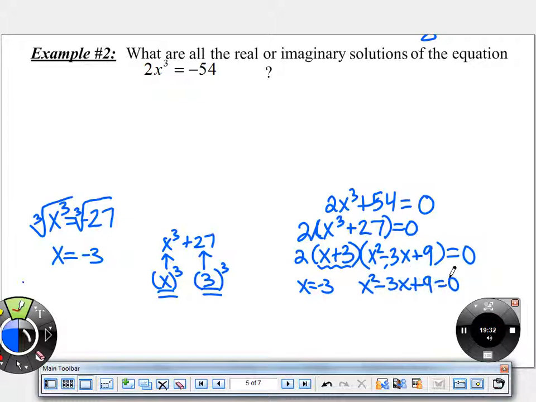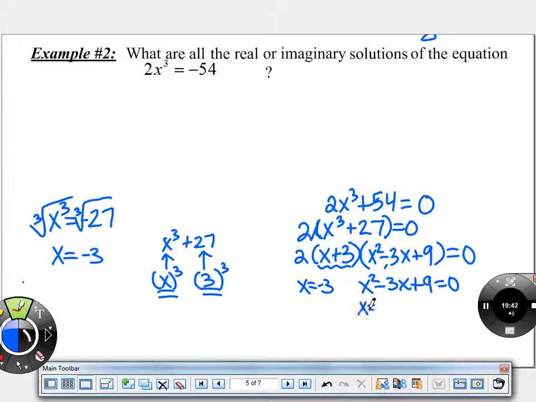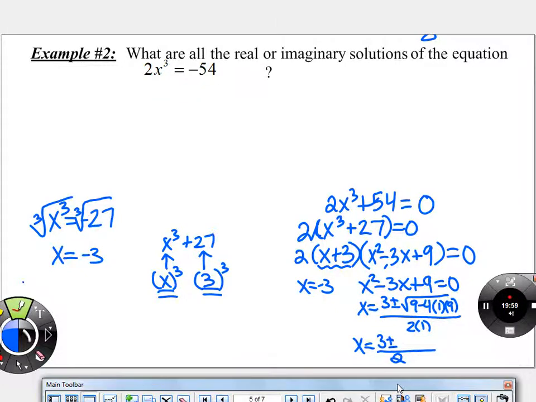No. So we could use the quadratic formula or completing the square in order to solve the quadratic factor. Okay? So if we go ahead and use the quadratic formula, we will get 3 plus or minus, let's see, 9 minus 36, negative 27.